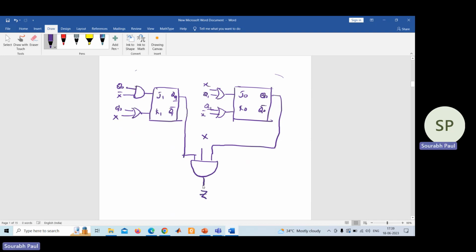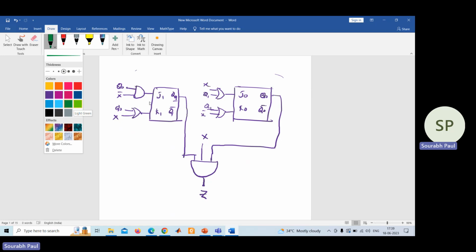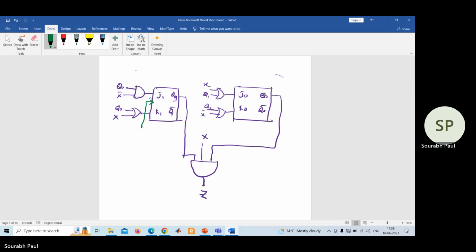That is your output. Fine. And the third input is X. And one more thing you need to do, you need to give the clock to each of the flip-flops. This one, the clock. Okay. So these are the steps you need to follow to design this particular sequence detector. Okay. Thank you.